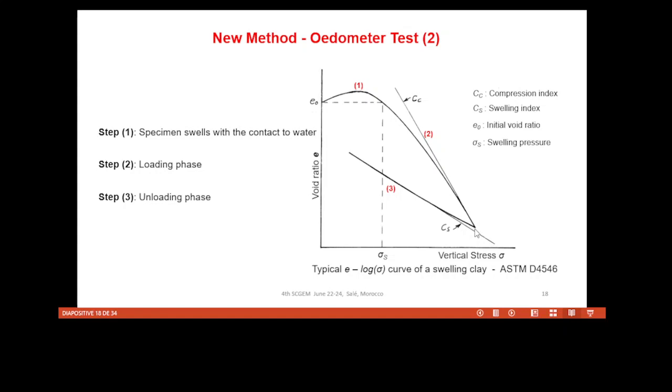And then during the unloading, we will have again the increase of the void ratio. So that means we can use the compression index, this slope, and the swelling index, the slope, and the value of the swelling pressure.